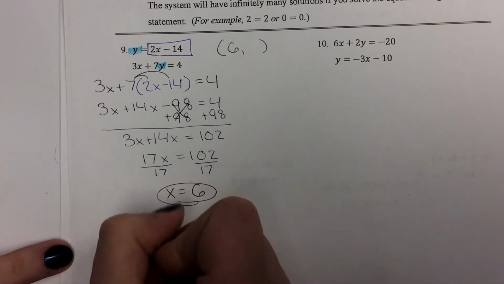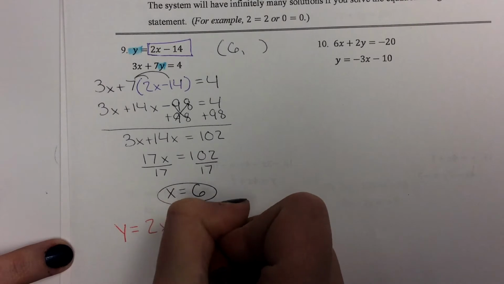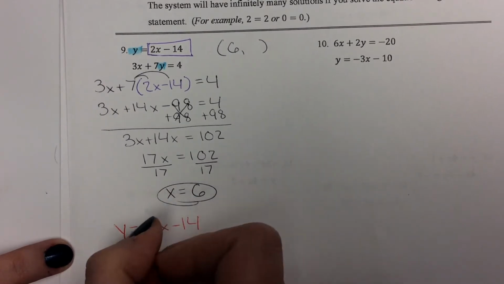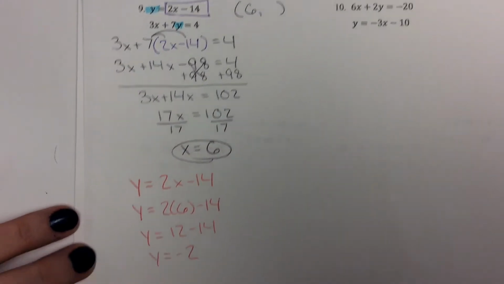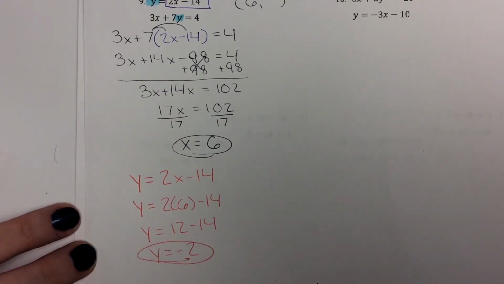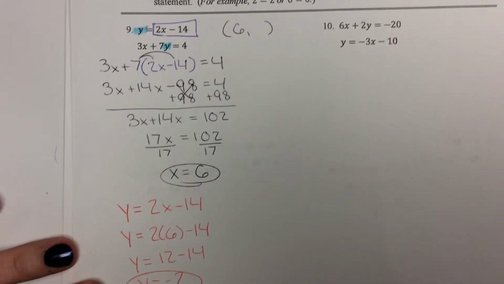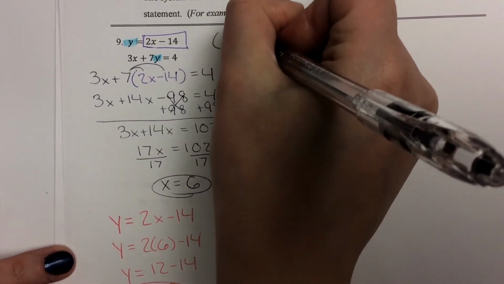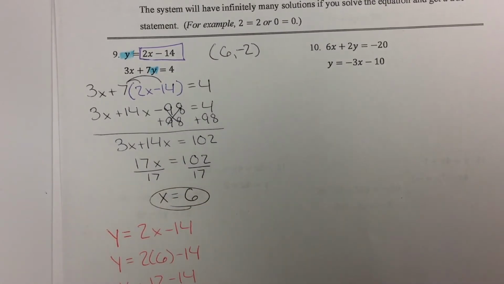So that's going to look like this. Y equals 2x minus 14, and we said that x is 6. So plug that in. And we get y equals -2. Okay? So the y value of our ordered pair is -2. So our solution that we found for this problem is 6, -2.